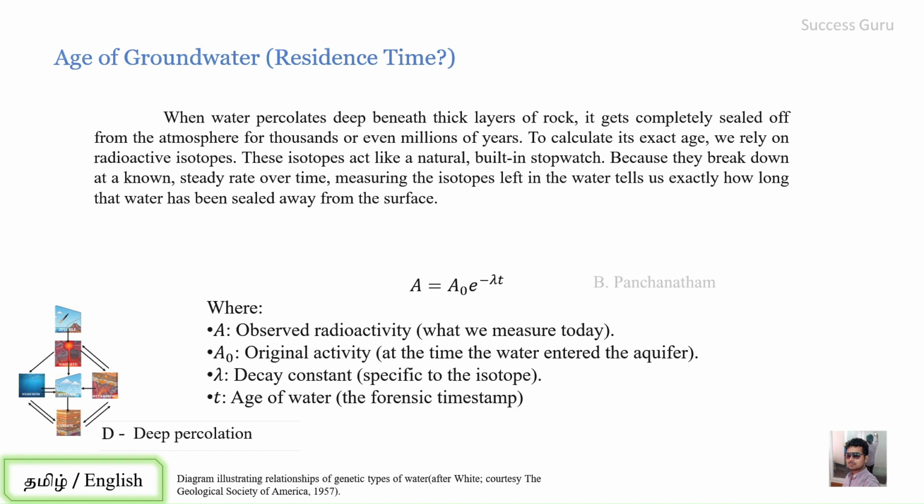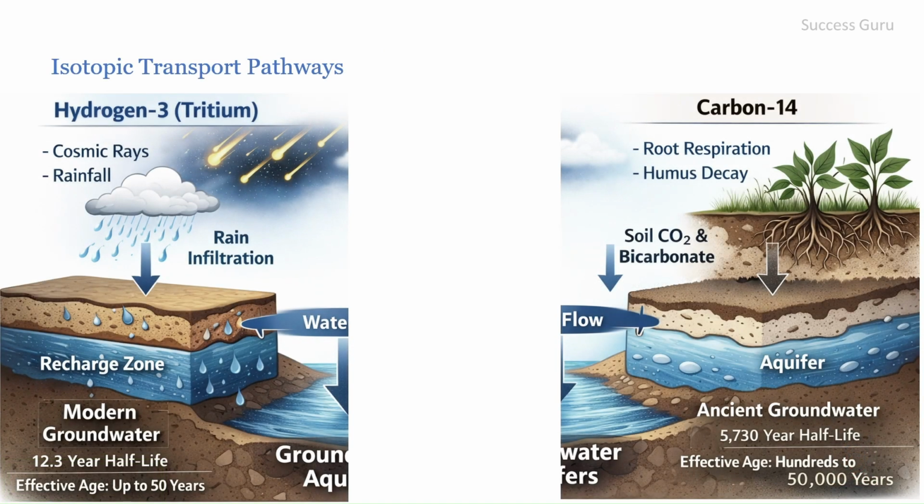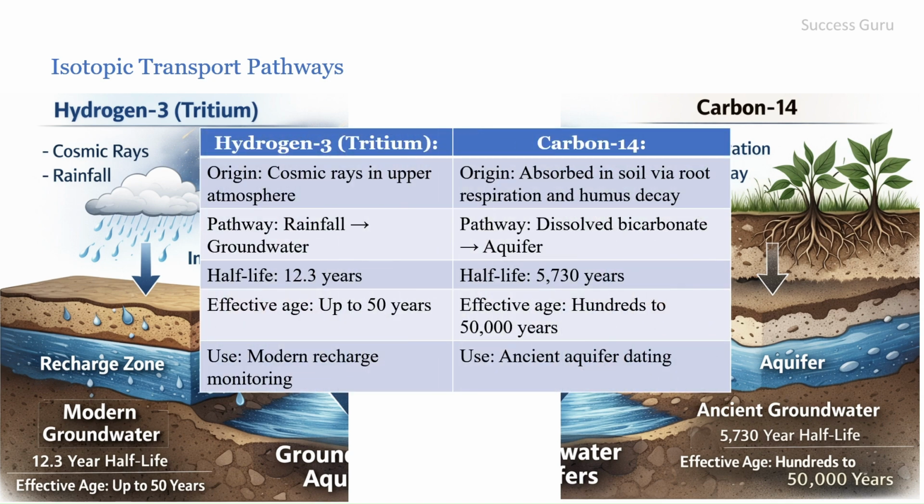Now we ask what component in the water will show us the age. We have two broad components that can be used to date groundwater: one is hydrogen-3 and the other is carbon-14. Let us see how each enters the water and how we can use it for age calculation. The first is hydrogen-3, or tritium. It originates from cosmic rays in the upper atmosphere, and its main pathway into groundwater is rainfall.